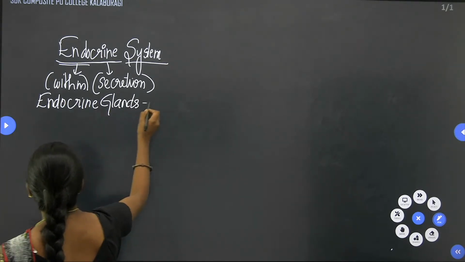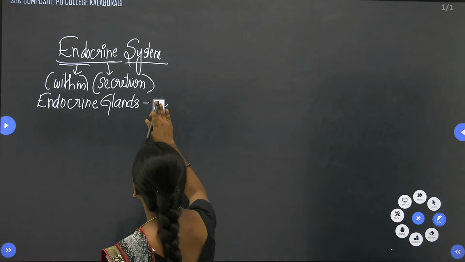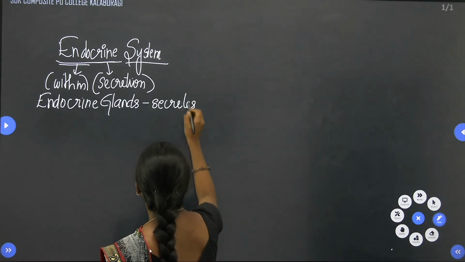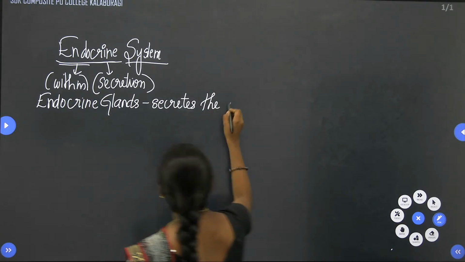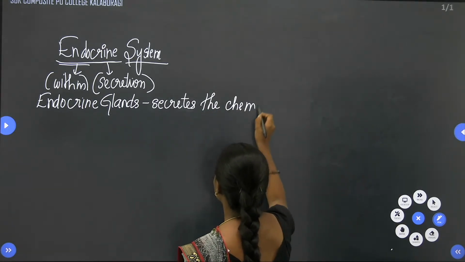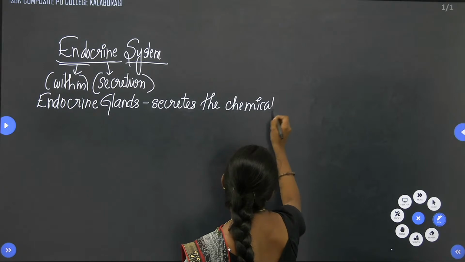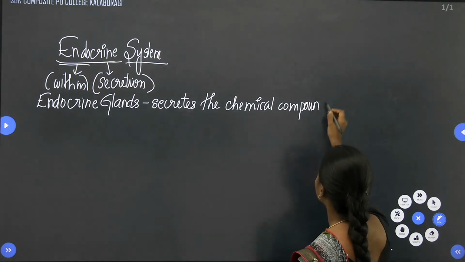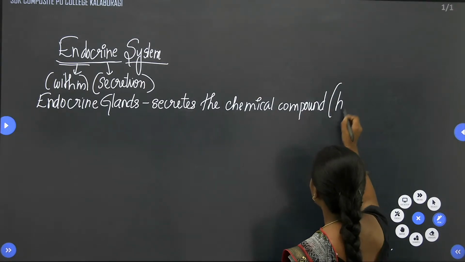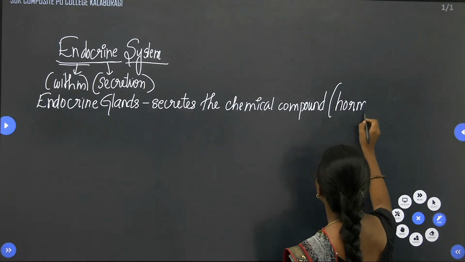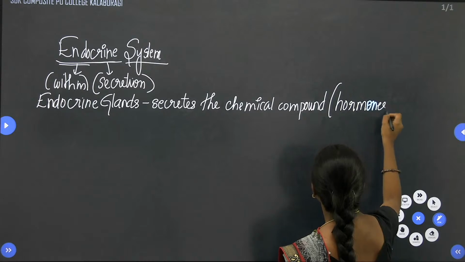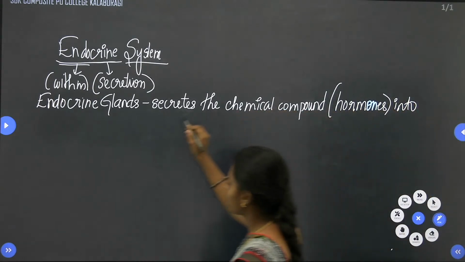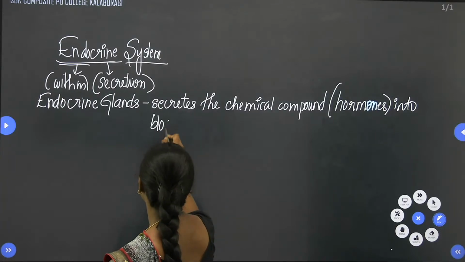Endocrine glands secrete chemical compounds, which are termed hormones, into the bloodstream.